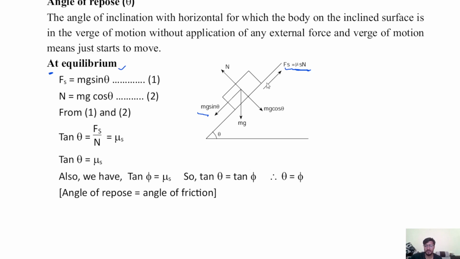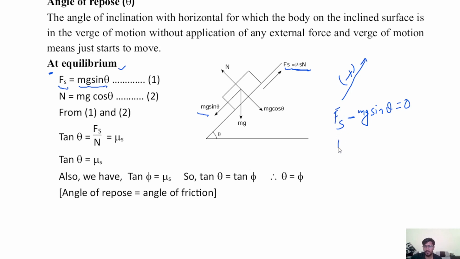That means Fs, the static friction force, is equal to mg sin theta. Taking this direction as positive, Fs acts upward, which is positive, and mg sin theta acts in the opposite direction, which is negative, and there is no motion, so Fs minus mg sin theta is equal to 0.